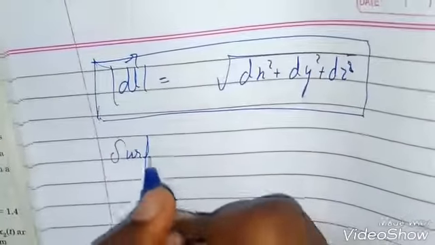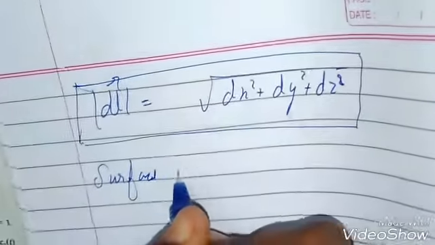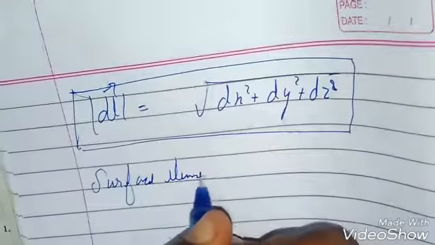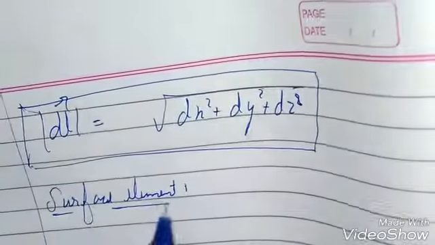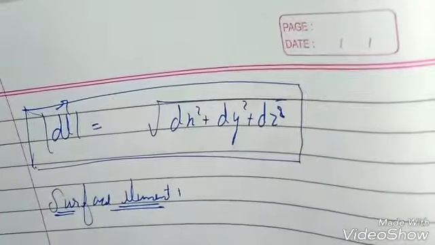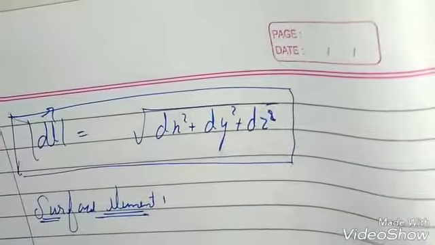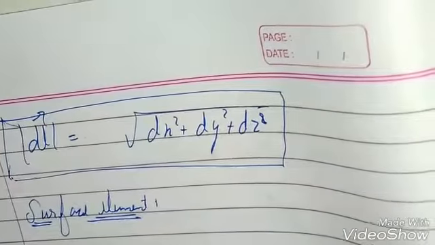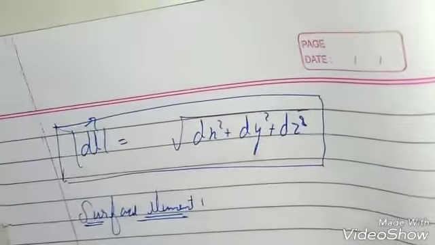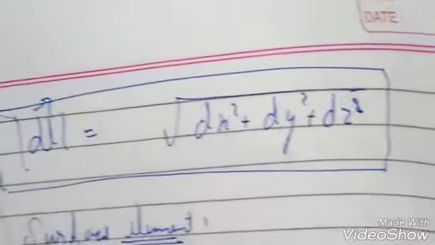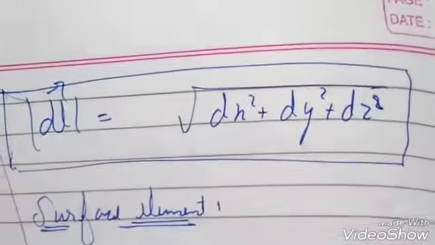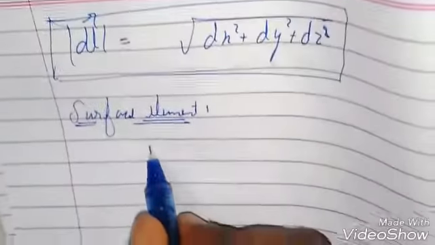Now we will talk about surface element. Surface element will actually denote an area vector. A vector which will represent area, having magnitude equal to the area of that plane and direction along the perpendicular direction of that area. Let's take an example.